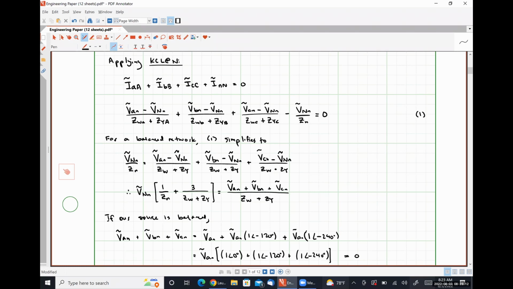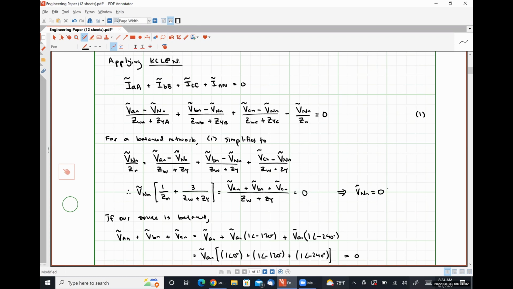So if VAN plus VBN plus VCN is equal to 0, then coming back up here, VAN plus VBN plus VCN over ZW plus ZY must also be 0, which in turn means that the quantity VNN has to be 0 volts, because the only way to make the left-hand side of this expression equal to 0, assuming that our impedances are not infinity, effectively, is if VNN is 0.